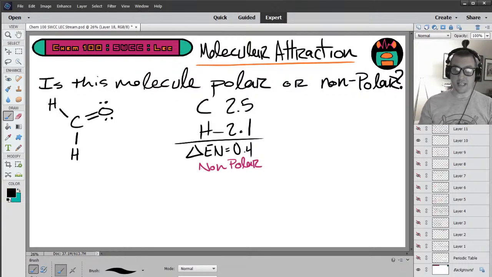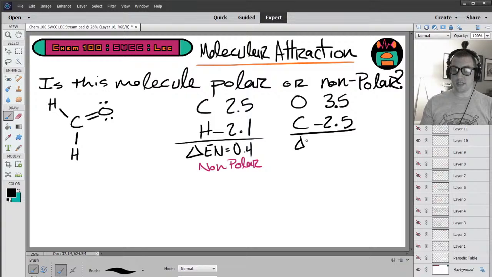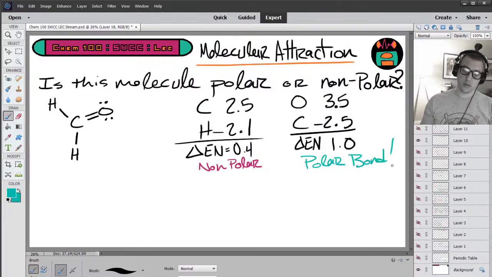Let's take a look at the carbon-oxygen bonds. Oxygen is 3.5. Carbon is 2.5. So the difference in electronegativity between oxygen and carbon is 1.0. That makes the carbon-oxygen bond polar. So we do have a polar bond. This might be a polar molecule.